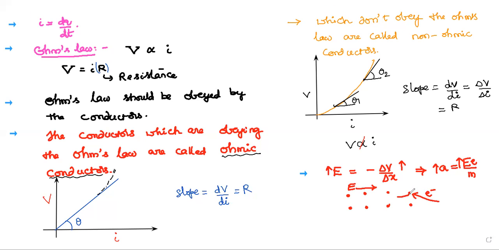It tries to move like this and may hit some other atom somewhere here. And again it accelerates, and due to the acceleration it quickly hits another atom. Because of acceleration, its quick movement increases, and it makes more collisions with the atoms. The number of collisions, the probability of collisions inside the substance, will be increased.